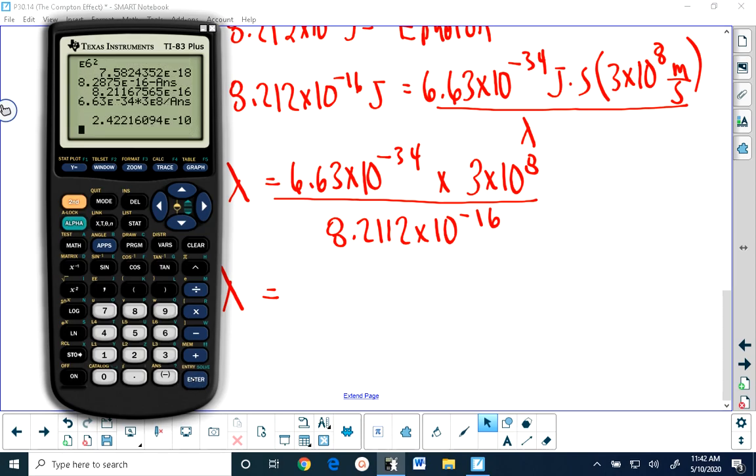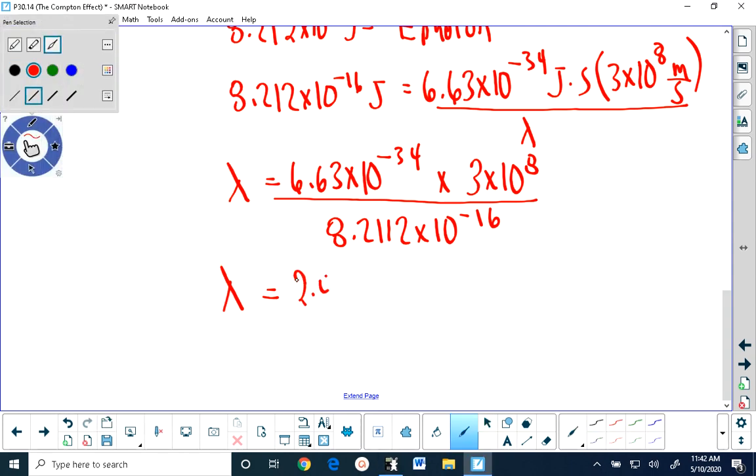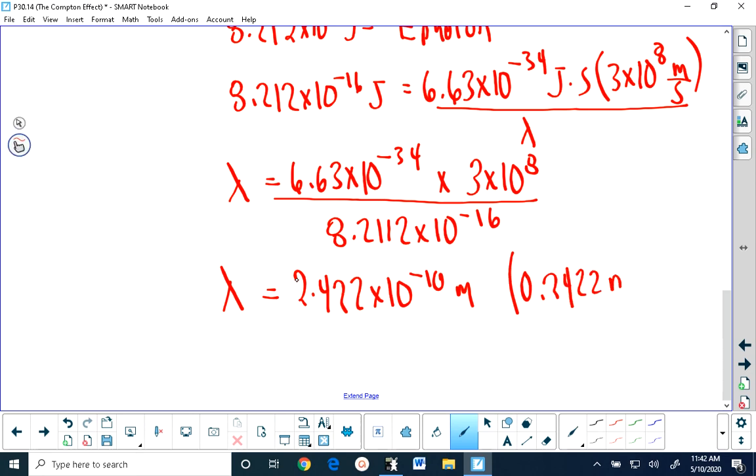And you get 2.422 multiplied by 10 to the negative 10 meters, which is 0.2422 nanometers. So what happens during the Compton effect is the wavelength gets bigger.